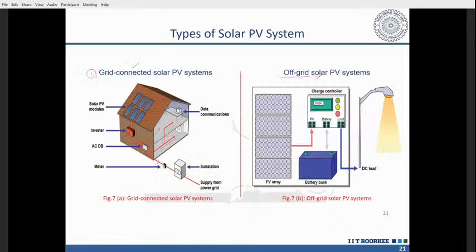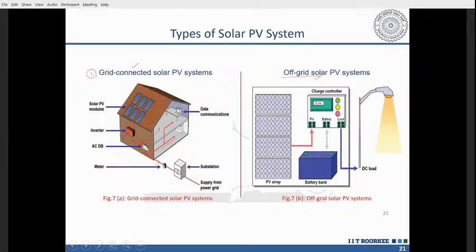Now, these are the types of solar PV systems. One is the grid connected PV system and the other is the off-grid solar system. Grid connected means the system is connected to the grid. It is a very simple system with PV modules, and through the inverter the DC power is converted to AC. The inverter output comes to the AC board, which is my board supply system.